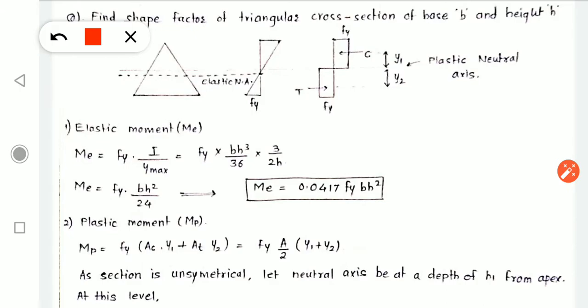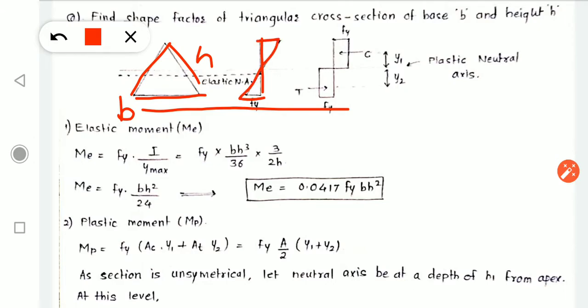Before going for the steps, let's remind ourselves of a few basic concepts about the diagrams which are drawn over here. First is the triangle with base B and height h. Then this diagram is representing elastic stress, a stress in an elastic range.